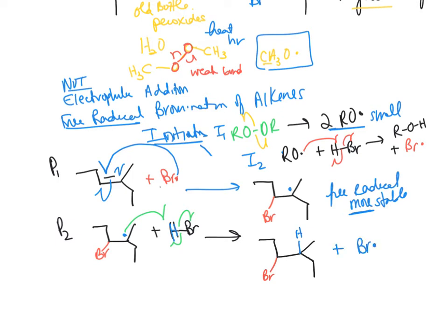So there's your propagation step 1 and 2. Could you do bond dissociation energies on this? Yes, because these are homolytic cleavages, and you could determine that this is exothermic.